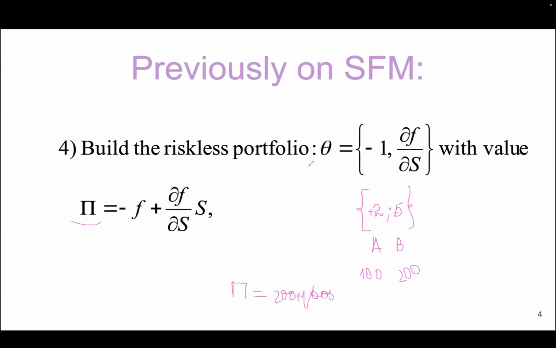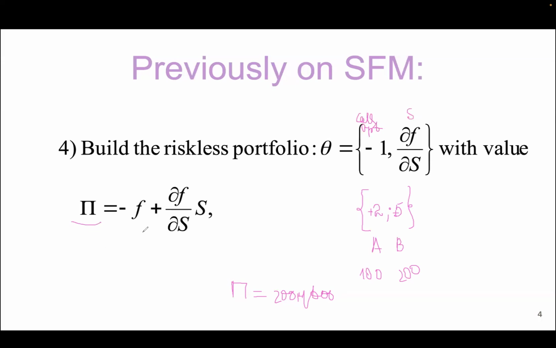But in our case, we have the amounts for companies A and B, but minus 1 is for the call option, and this amount, instead, is 5 for stocks.